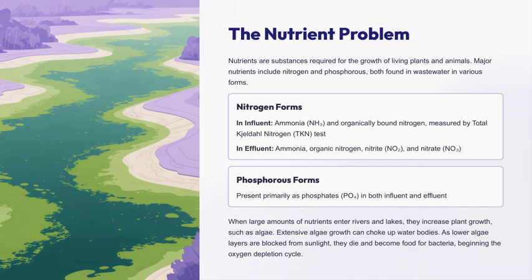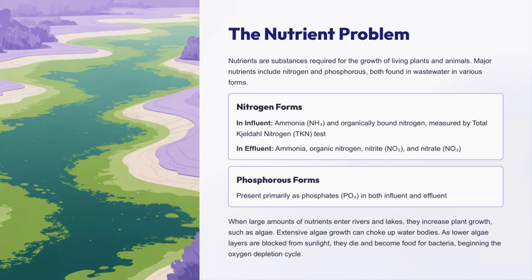Moving on to phosphorus. This nutrient mainly appears as phosphates, or PO4, in both influent and effluent. Now, why does all this matter? Well, when large amounts of these nutrients enter rivers and lakes, they can cause excessive plant growth. Think algae blooms. These blooms can choke water bodies, blocking sunlight from reaching lower algae layers.